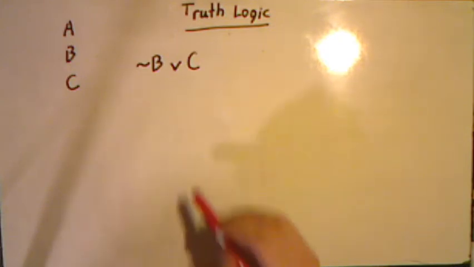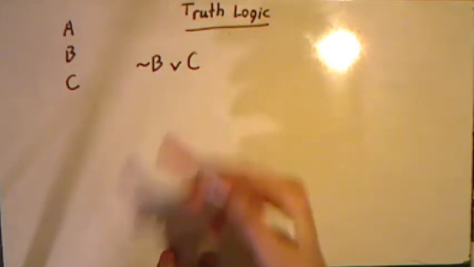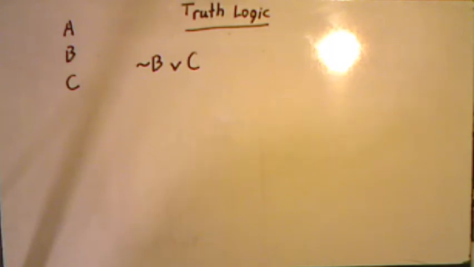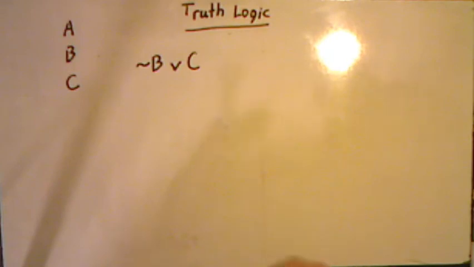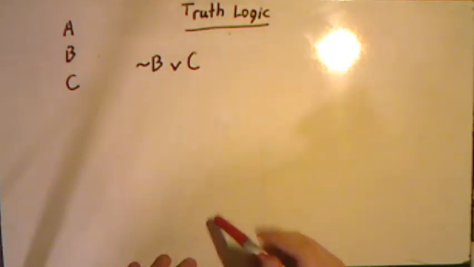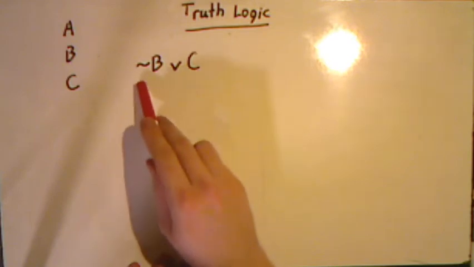We also want to remember that this V stands for an OR symbol, otherwise known as a disjunction. Now an OR symbol is looking to make sure that either one of these values is true, and then the result is true. So as long as not B, which, to remember, this little squiggle means not.